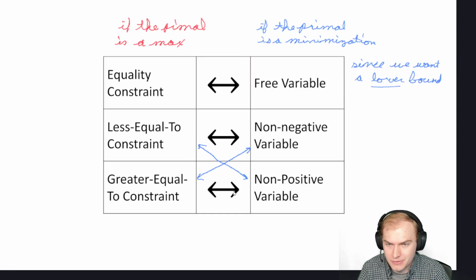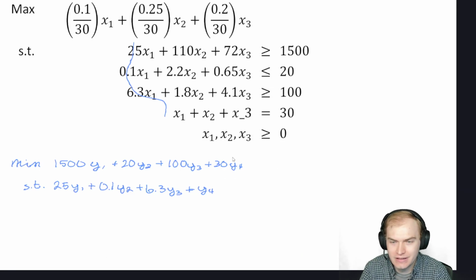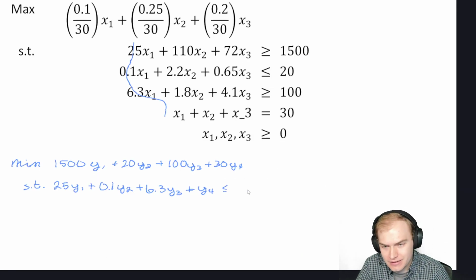Oh, that's backwards. Maximization problem, non-negative variables gives us less than or equal to constraints. That's the one I wanted. So this is less than or equal to 0.1 over 30 is our objective coefficient here.